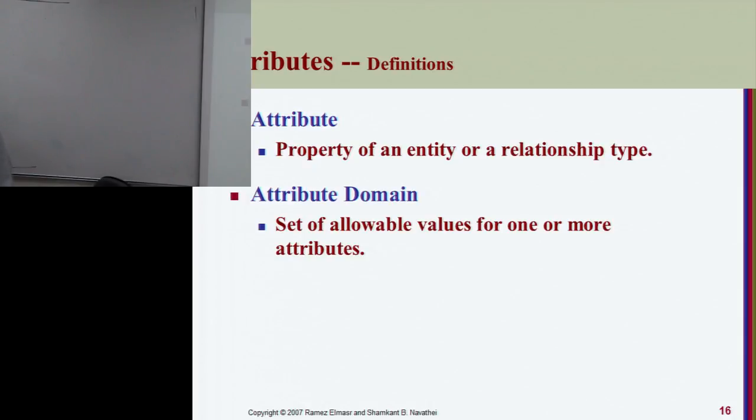So we cannot compare this to that. The domain is a type of the attribute with all the constraints defined on that attribute. This makes it easy to compare, and easy to validate the value entered for this attribute, to make sure that it is within the limits, within the constraints defined for that attribute. So every attribute should have a domain defined for it.